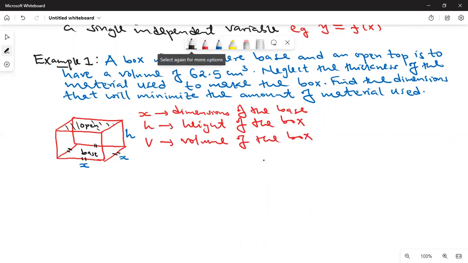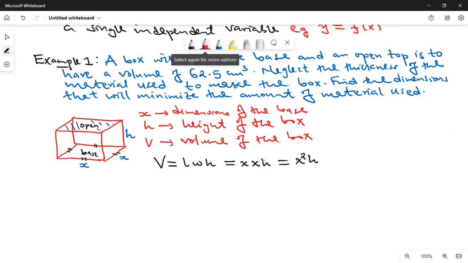So you know that volume is equal to length times width times height. But our length is x and width is also x. So that will be equal to x times x times h, which is the same as x squared h. That's our volume. Now, what are we told? That this box is to have a volume of 62.5 centimeters cubed.